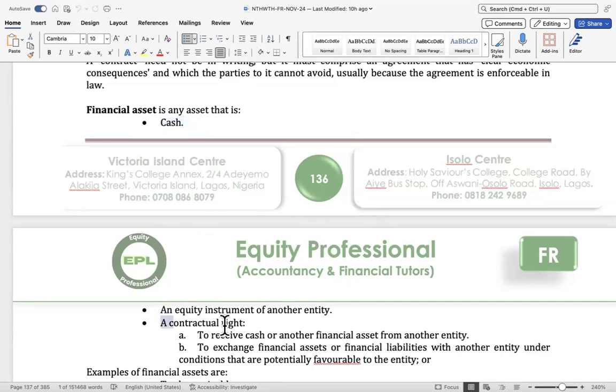So this is where you might want to think twice. Can a motor vehicle give you a contractual right to receive cash? Like if you're using it for Uber or something like that.